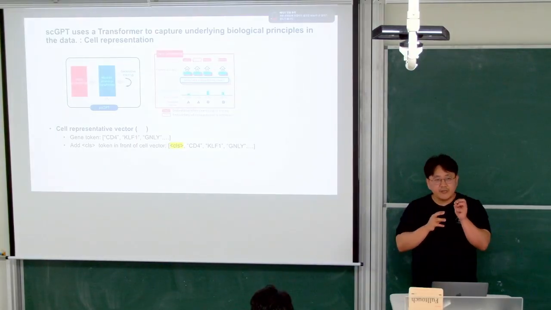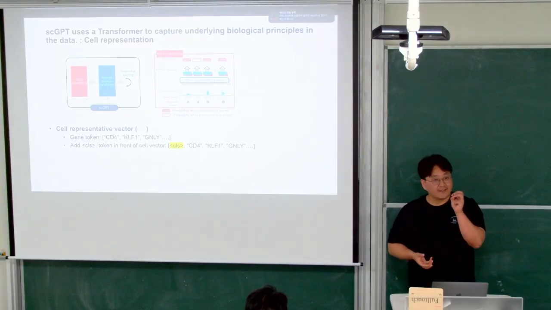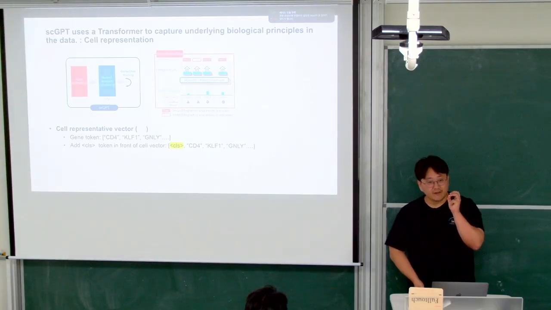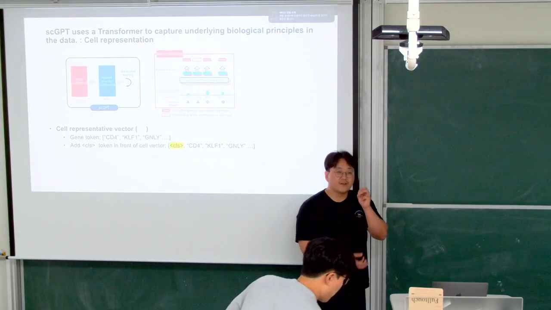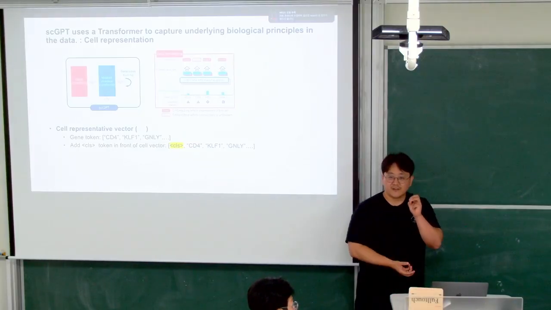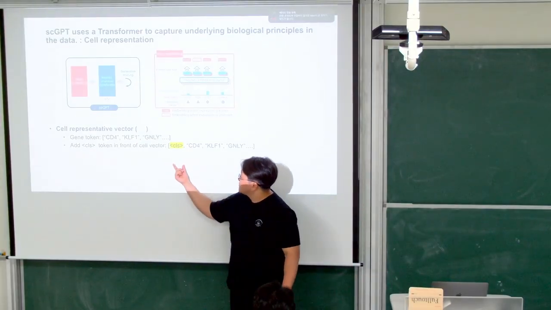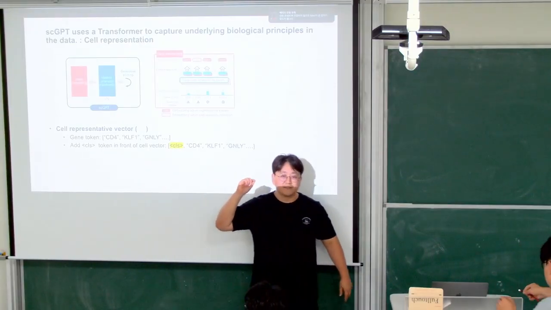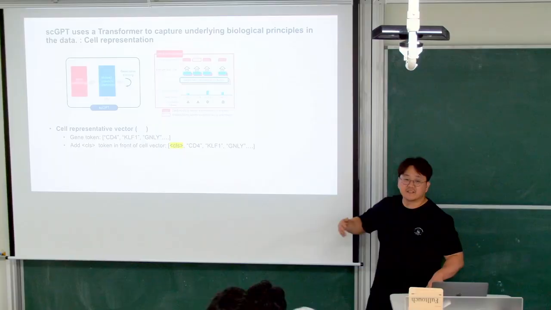Each gene has a vector after embedding, with a 512 length vector. That means this token also has a 512 dimensional vector. So we can use this vector corresponding to CLS as the cell representative vector, which explains the cell state.